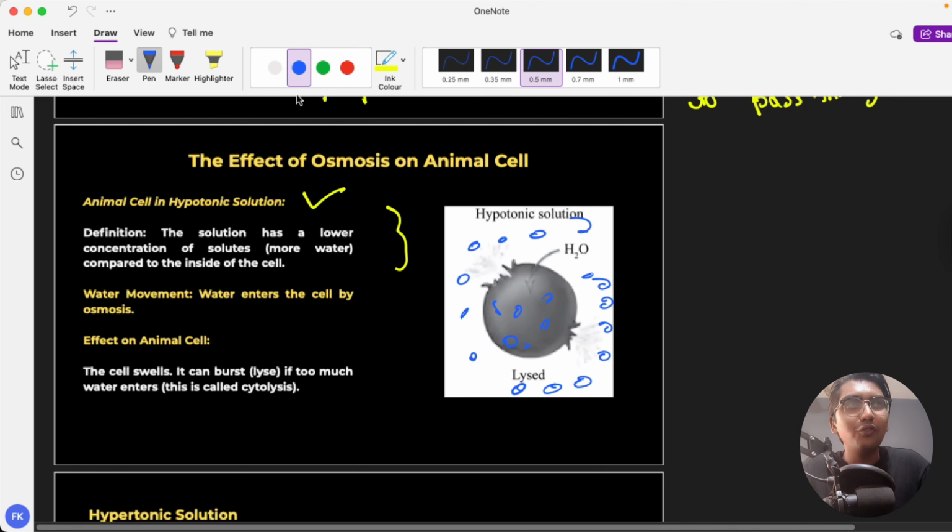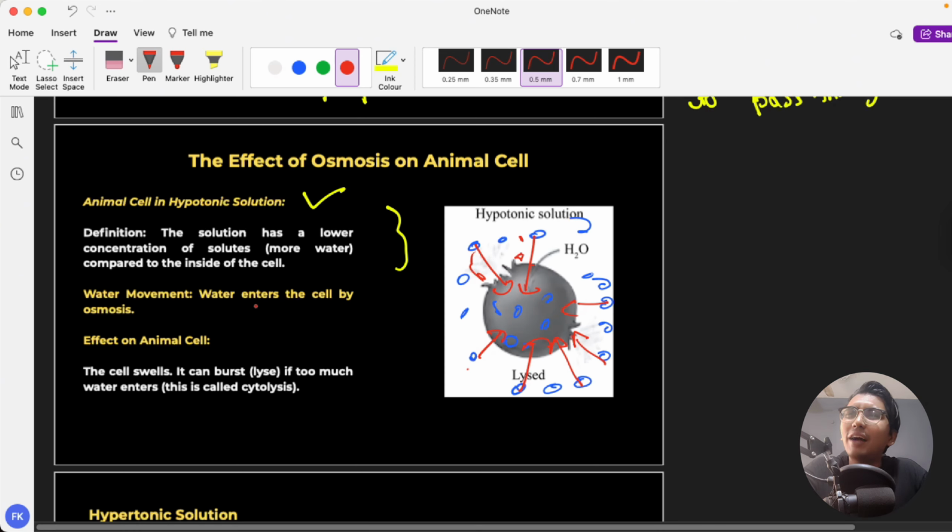Water will move from higher water potential to lower water potential, right? Down the concentration gradient. So when all of this water entered, the cell started to increase in size, and eventually it burst. As you can see over here, it actually burst.